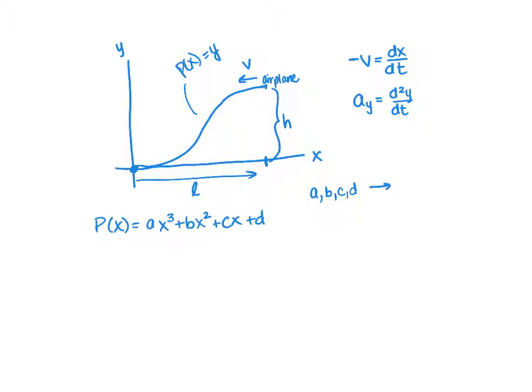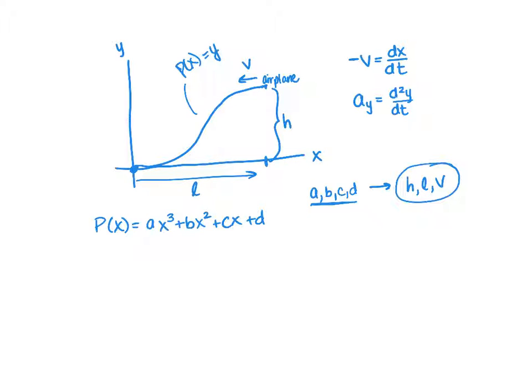You want to be able to write them in terms of H, L, and V, and then it could have constants as well. Sometimes it gets confusing when you don't have numbers, but you view these things as things that you're given, so they're like your knowns, and you're trying to express these unknowns in terms of those.